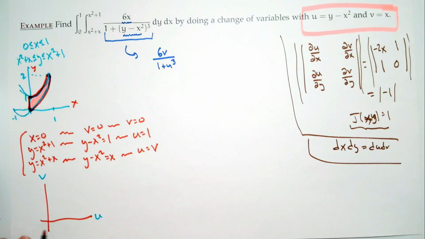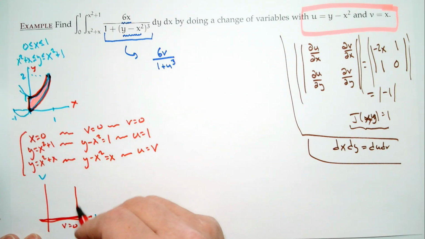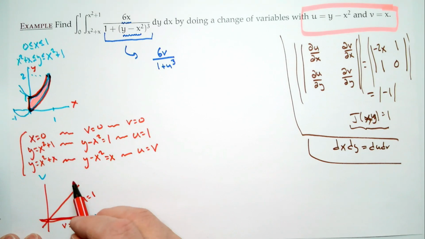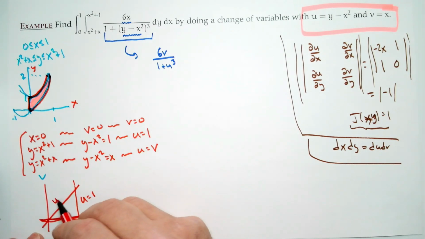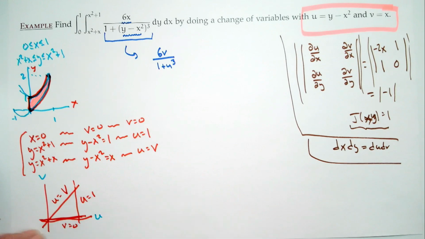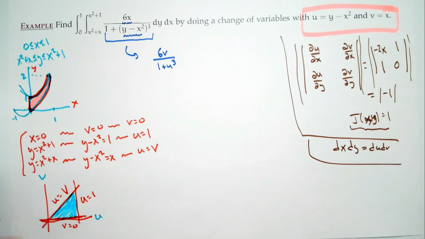I have v equals 0. Well, that's the axis here. This is v equals 0. I have u equals 1. And then I have u equals v. So my region will be the one that's contained by those three curves, which says that our new region is going to be this triangle. So that's our new shape.